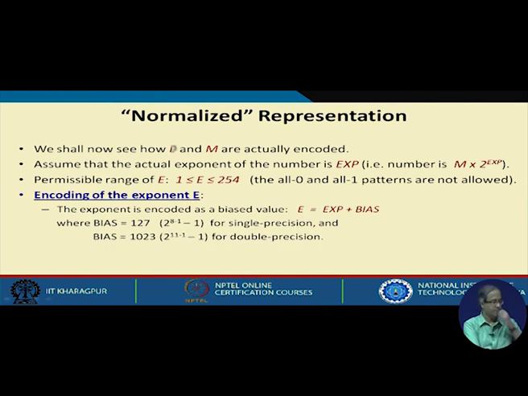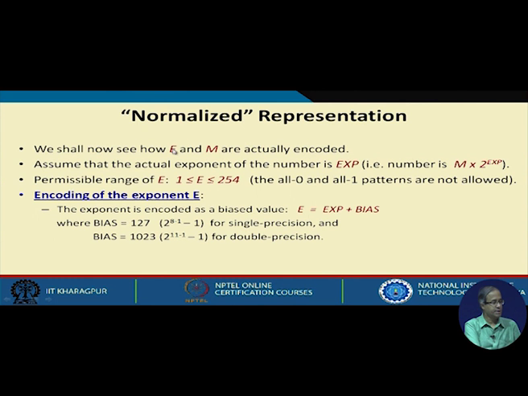Now, in floating point numbers, there is an interesting concept called normalization. Let us look at the encoding part of it, that is, how the exponent and mantissa are actually stored or encoded. Let us assume that the actual exponent of the number is exp. So, the number is m multiplied by 2 to the power exp. We are encoding this exp in some way and we get e, which is stored.